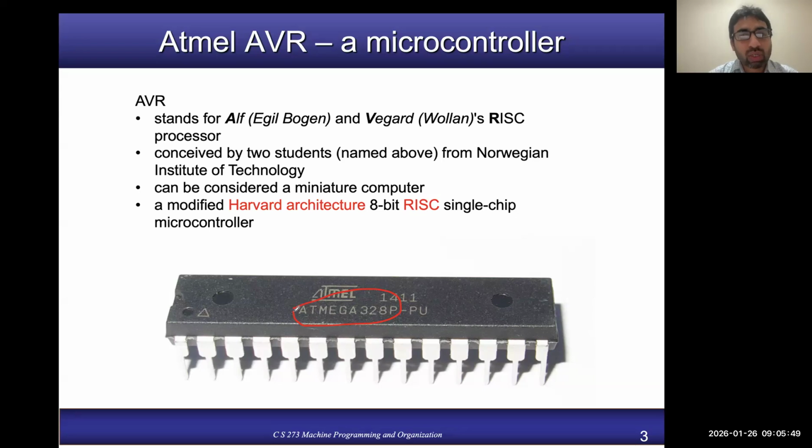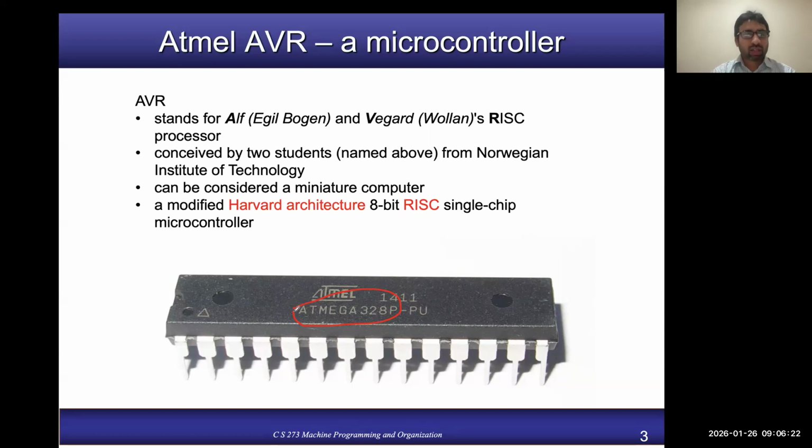Again, this is a RISC microcontroller. RISC stands for Reduced Instruction Set Computer. At this time point, I'm not going to explain the main features of RISC architecture. We will talk about that later on, because if we talk about RISC at this time point, then I will not be able to cover the main content of the slide, which is about different number systems.